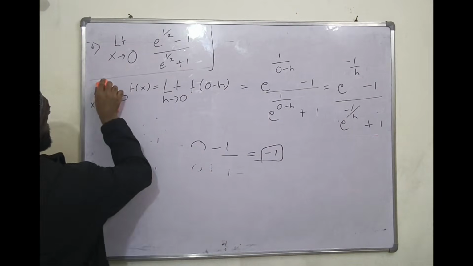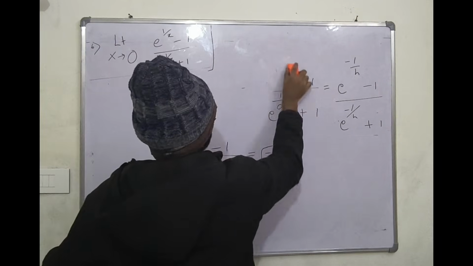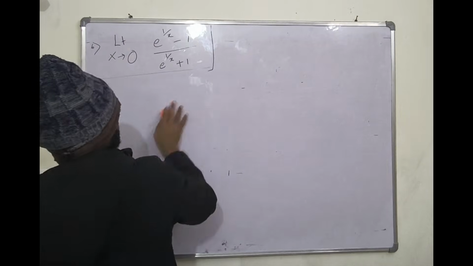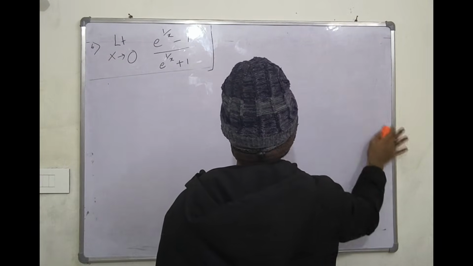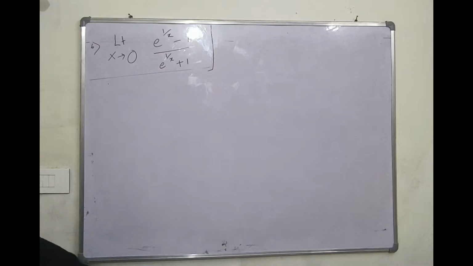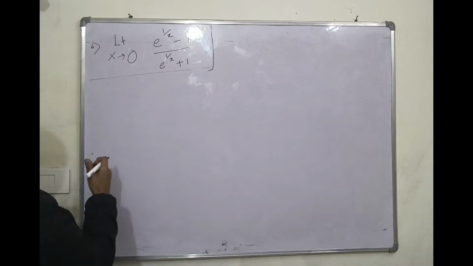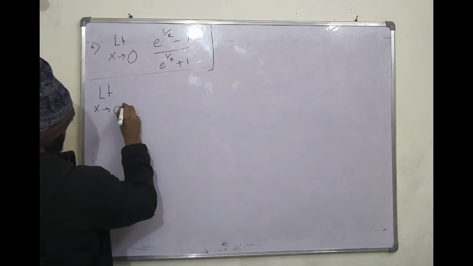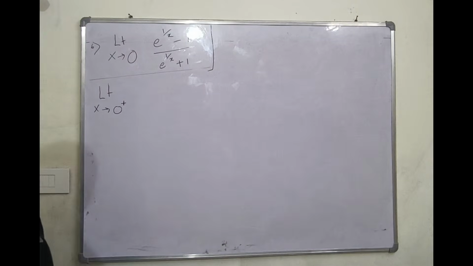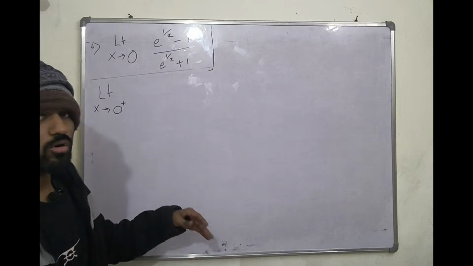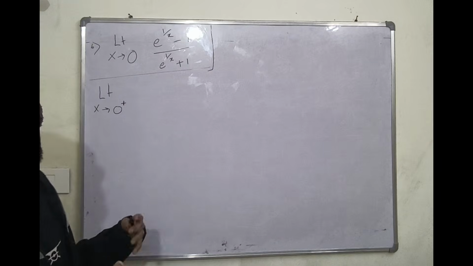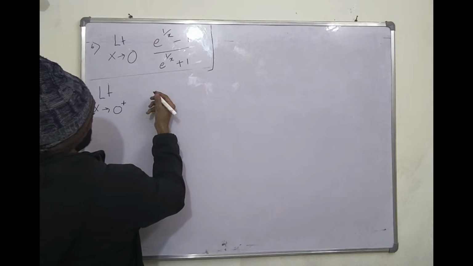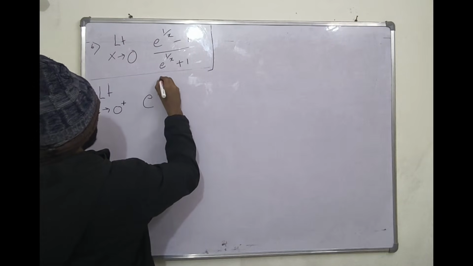Again, let's try to find the right hand limit, limit x tends to 0 plus. I will first say how a student can make a mistake, then I will say the correct method. Let's approach from the student's point of view. The student makes the mistake of directly substituting the limit.